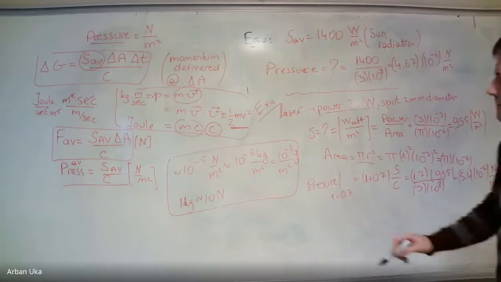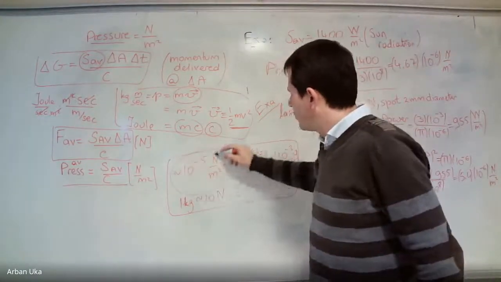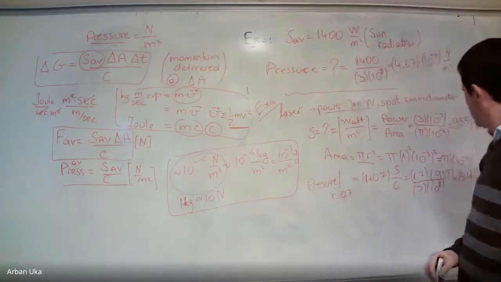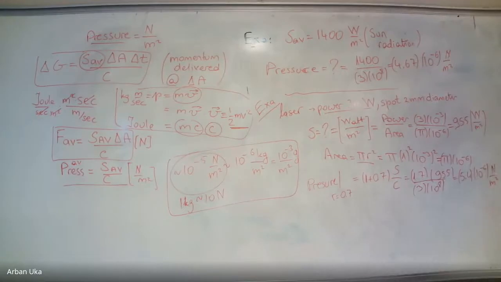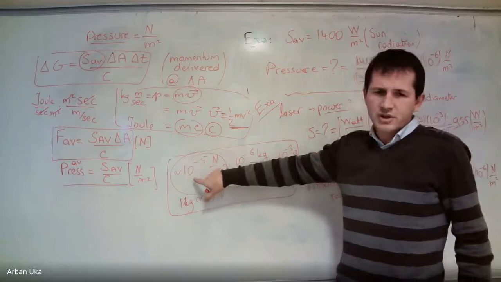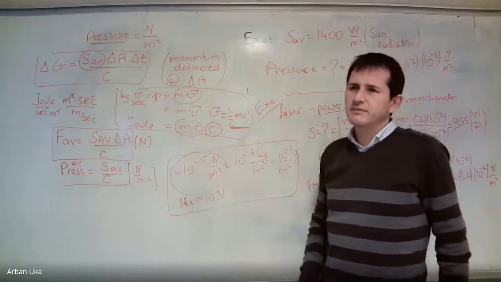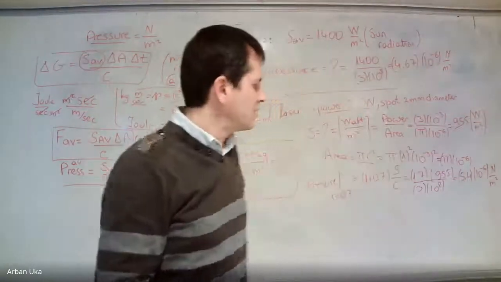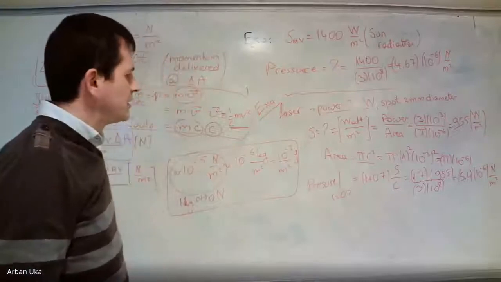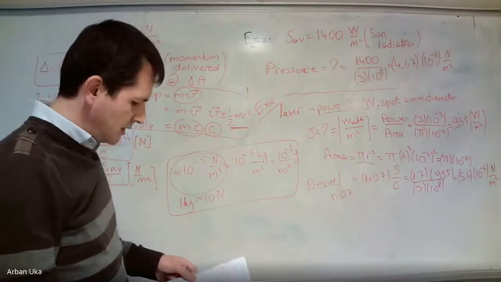So it looks like this is 1 order less than the pressure that is coming from the sun. That's interesting. I never checked that one, but this is what we get.